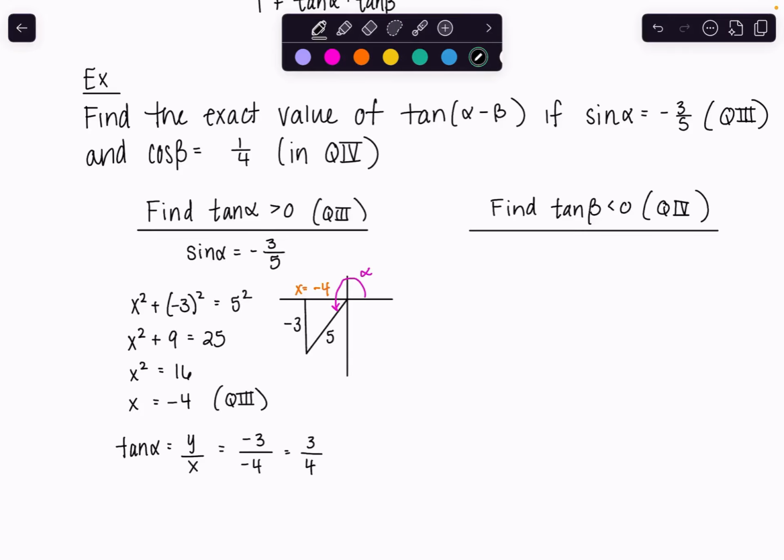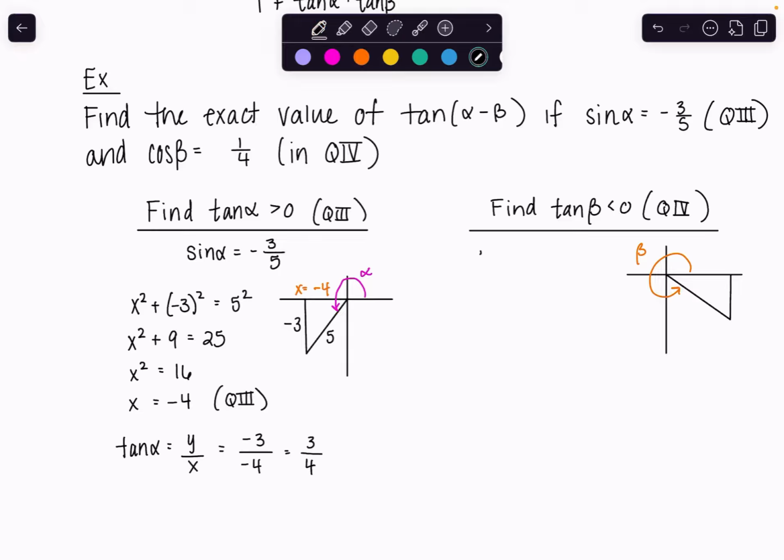Okay. Now I need to find tangent of beta, which this one is in quadrant 4. So I've got my triangle. I don't know exactly where beta lands, but we'll just draw our triangle like this. So beta would be all the way around.